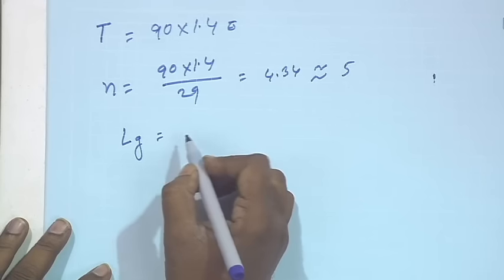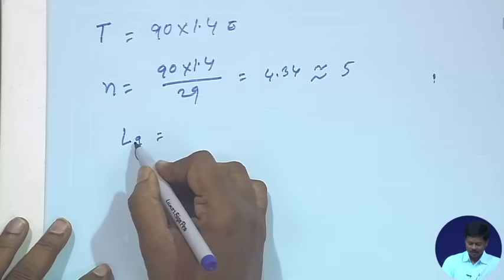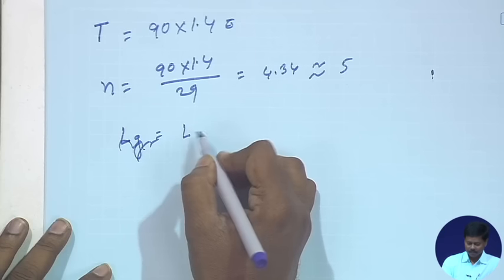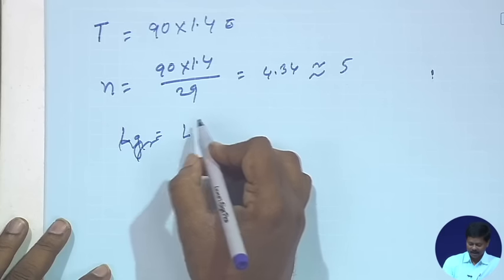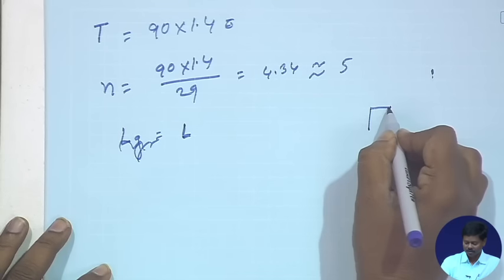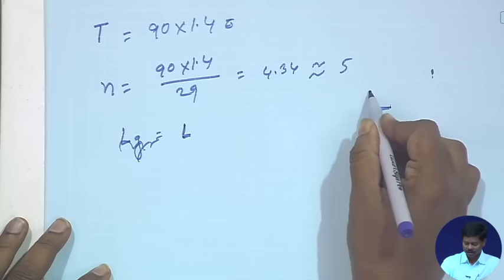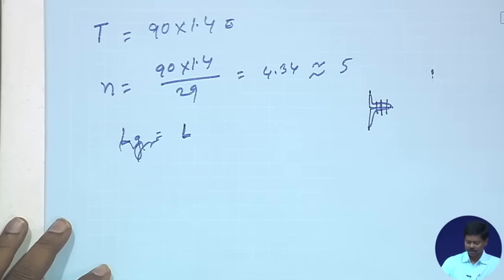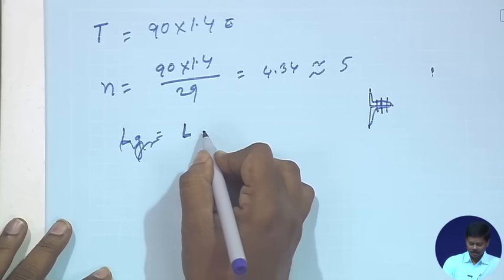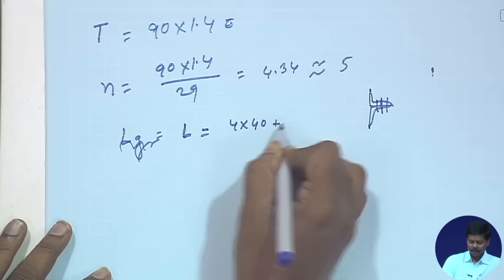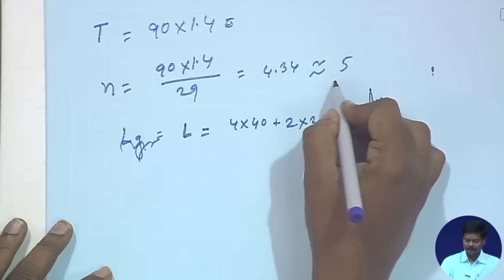That means the length required, the length of the lug angle and main angle, because this is one angle which is connected with another angle, in between this. If we find out, it will be 4 into 40 plus 2 into 30, because 5 bolts are there.